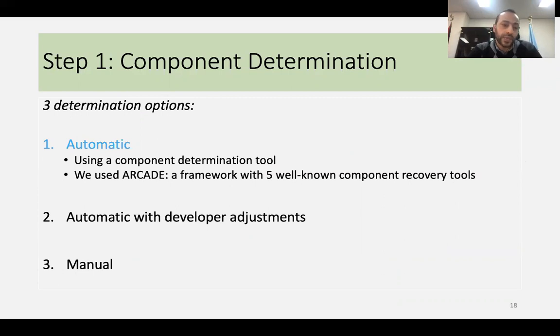Another option is to automatically determine the components and the classes that constitute each component, and then the developer adjusts these components and classes, or purely manual, in which the software engineer provides our approach with the components and the list of classes for each component.